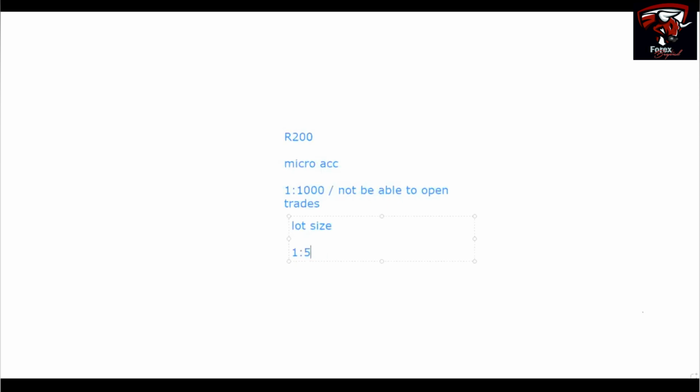Now, if you have 1:100, you can open trades. What it means is that for you to open, let's say 0.